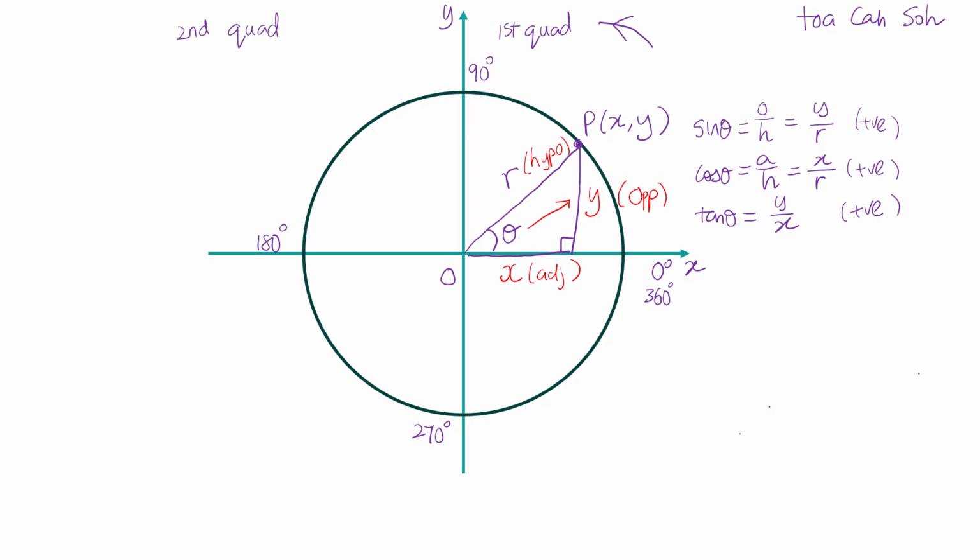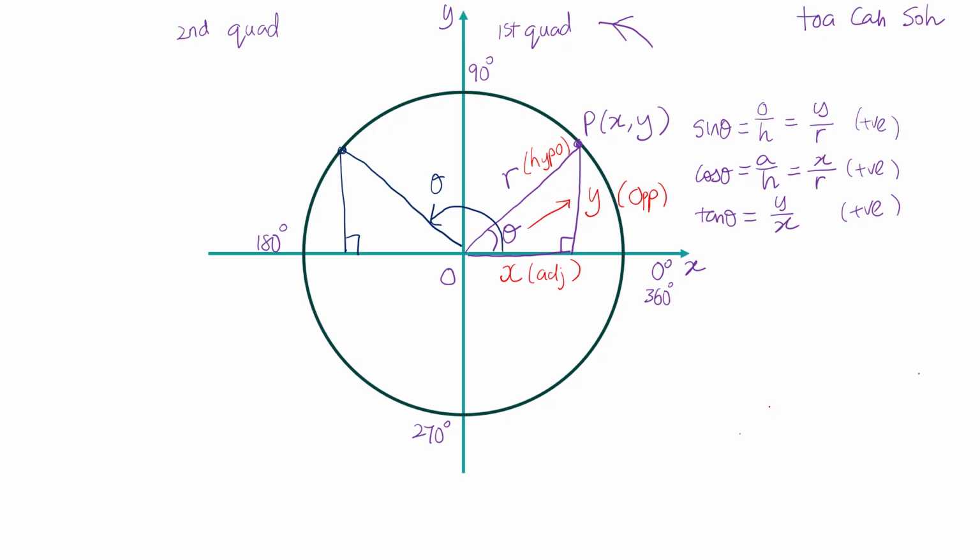However, things become a bit different when the point P moves to the second quadrant. So when the point P moves to the second quadrant, this is how it looks like. Our angle theta is now an obtuse angle. It's no longer an acute angle.